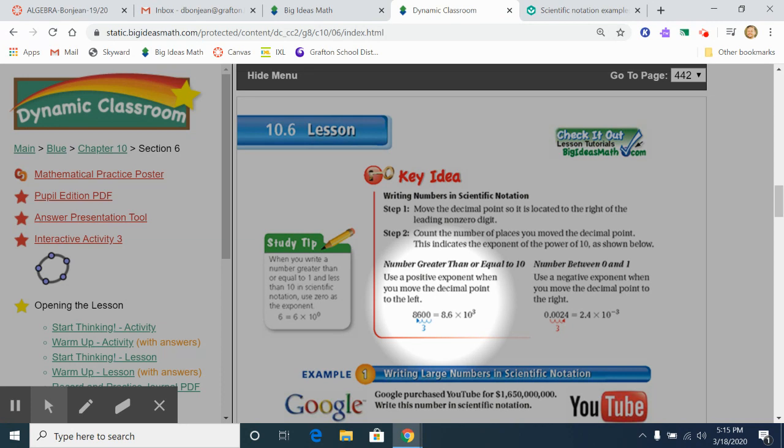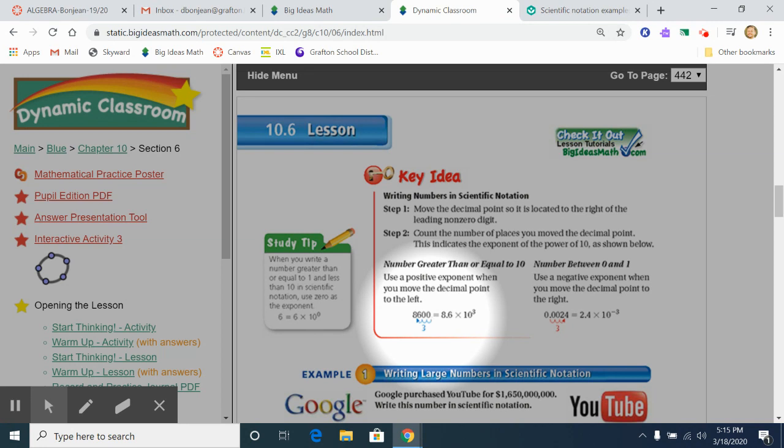So every time, we have to figure out where I need to move my decimal so that my number is written correctly in scientific notation. If we look at this example right now, if I am moving my decimal, which always, if it's a whole number like this, my decimal is not going to be shown, but it's always at the end of the number, right?